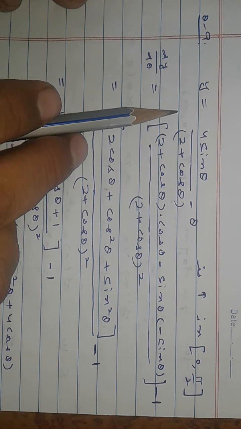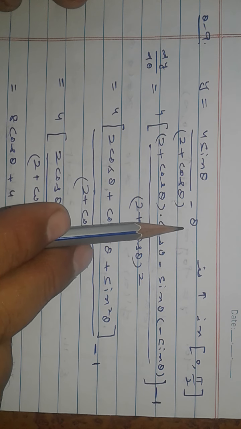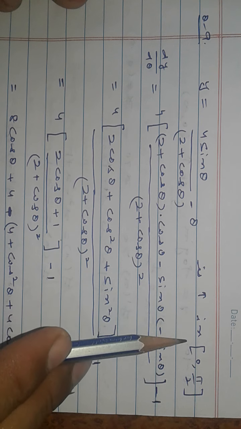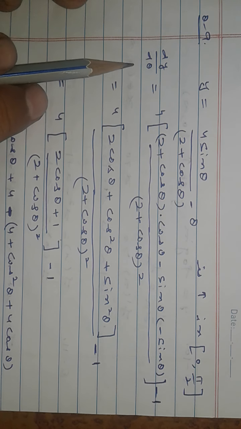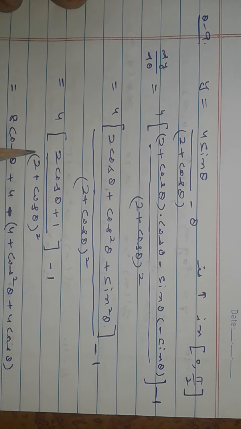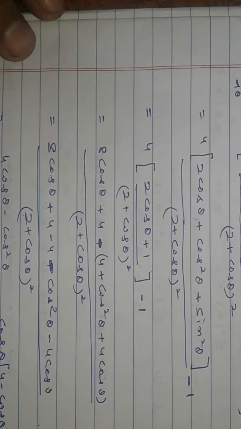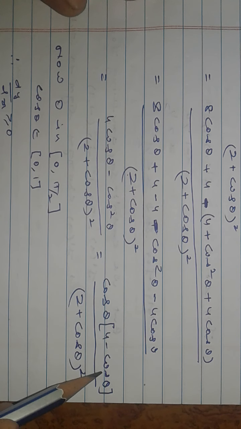Question number 9 is, you are given y is equal to 4 sin theta over (2 plus cos theta) minus theta. Prove this is increasing in 0 to pi by 2. First calculate the derivative dy by d theta. This is simple u by v rule, minus 1 and calculation. After the calculation, you have cos theta (4 minus cos theta) over (2 plus cos theta) whole square.